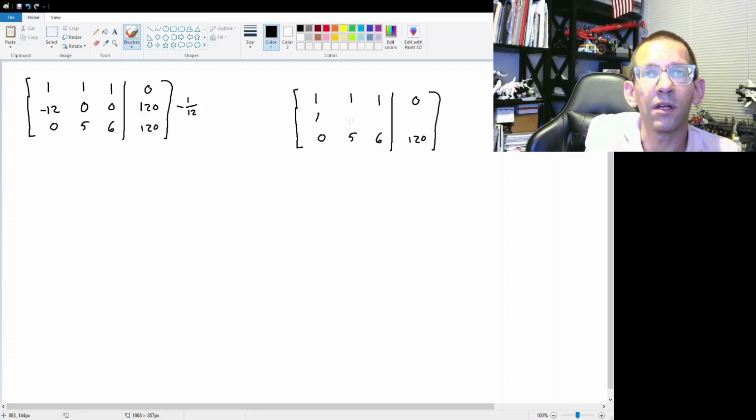Then you would end up with 1, 0, 0, and then this would turn into, I believe, negative 10. Well, no, I don't. Well, you're multiplying this, so you would cancel out the 12 and you end up with a 10, and then it would turn into negative.